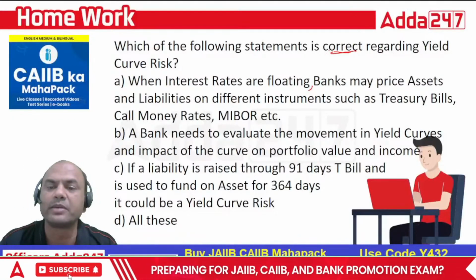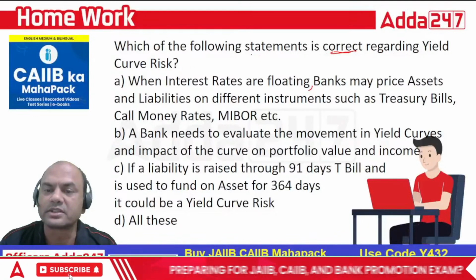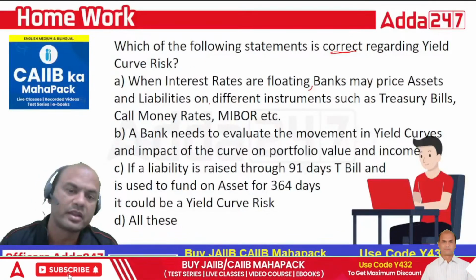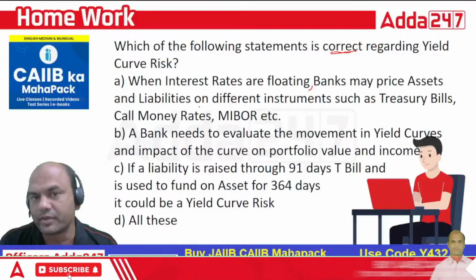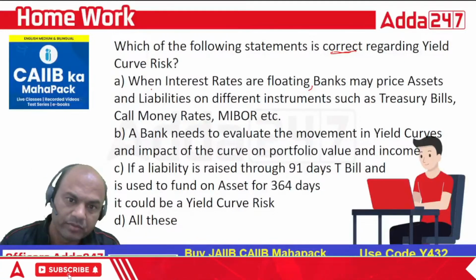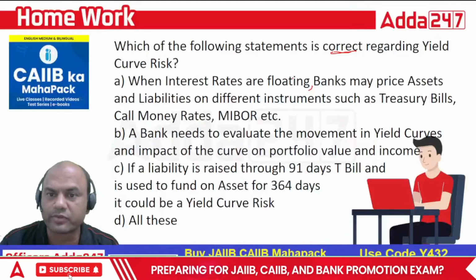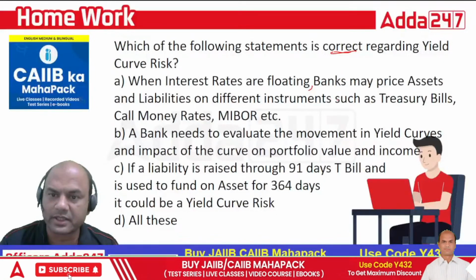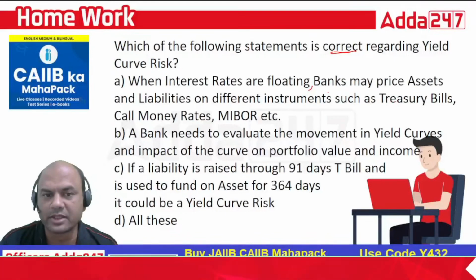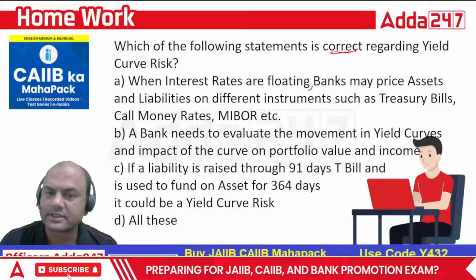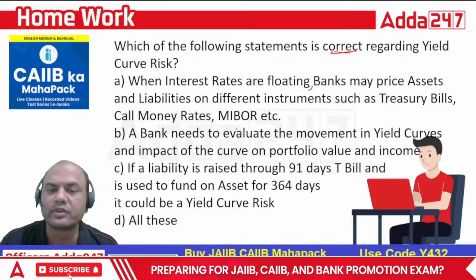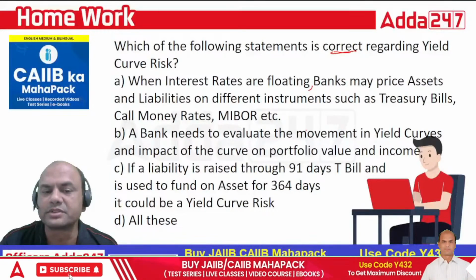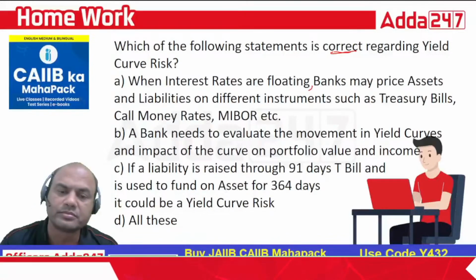Now one for your homework. Which of the following statements is correct regarding the yield curve risk? Try this at home. I'll give the answers tomorrow. When interest rates are floating, banks may price assets and liabilities on different instruments such as T-bills, call money rates, MIBOR, etc. A bank needs to evaluate the movement in the yield curves and the impact of the curve on the portfolio value and income.